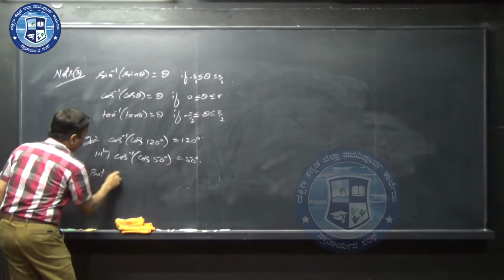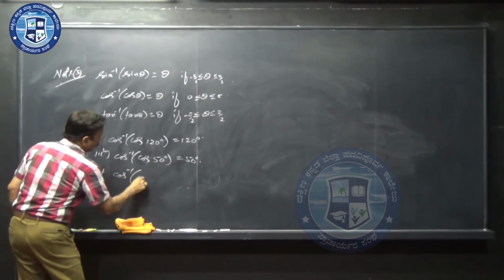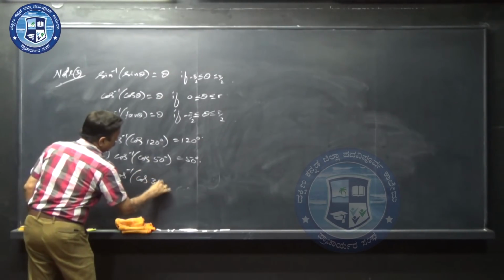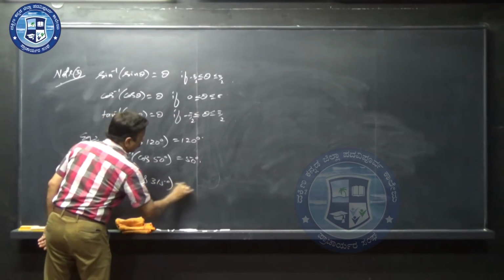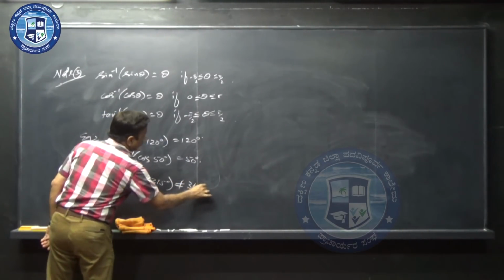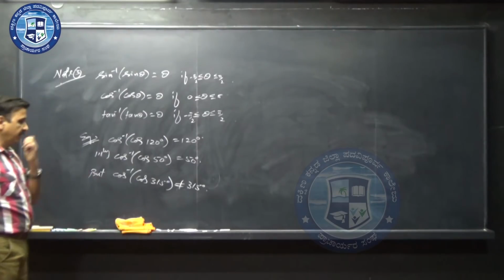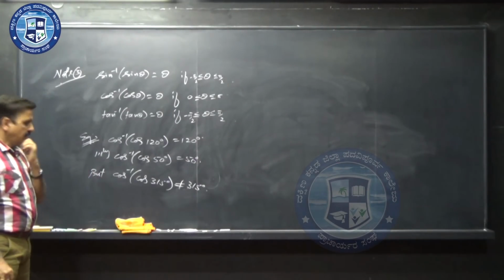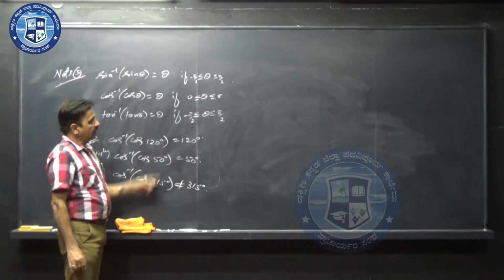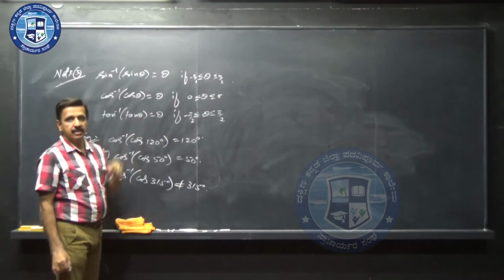But cos inverse of cos 315 degree cannot be 315 degree. The principal value cannot be 315. It is true that it is in the fourth quadrant, but it must be between 0 and pi.